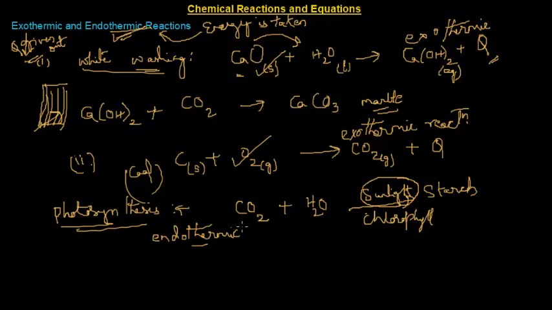And this is an example for endothermic reaction. Here, oxygen is liberated. Carbon dioxide is taken by the plants and plants give out oxygen during the photosynthesis process. This oxygen is taken by us for respiration, right? Now let us see respiration.